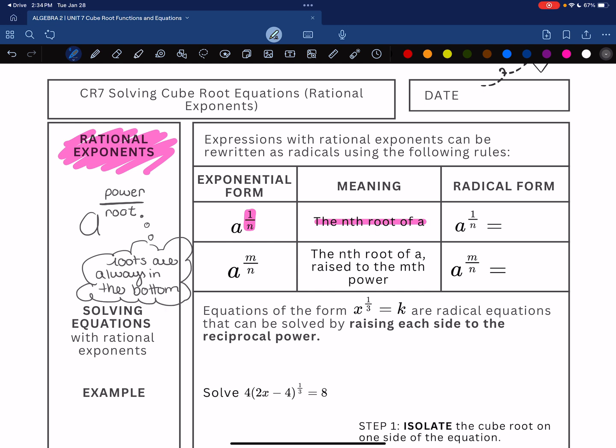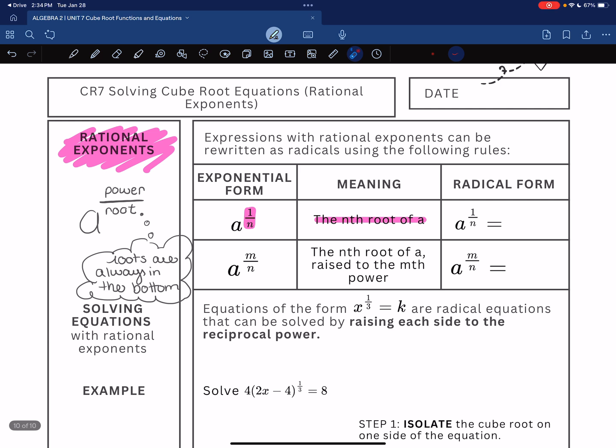And so that may help you remember that if you have a value in the denominator portion of our rational exponent, then we're taking the nth root of a, where n is our index.